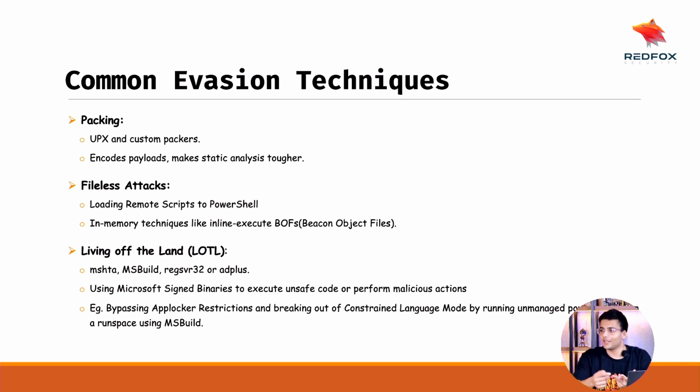We can upgrade our CLM and run unmanaged PowerShell just by writing some XML and C# code in MSBuild. And the fact is that it's a signed binary, right? Microsoft has licensed this binary, signed this binary. So no antivirus will prevent this from executing. However, what it does after that is something that antiviruses and EDRs have started picking up on, and that's what gets blocked nowadays.